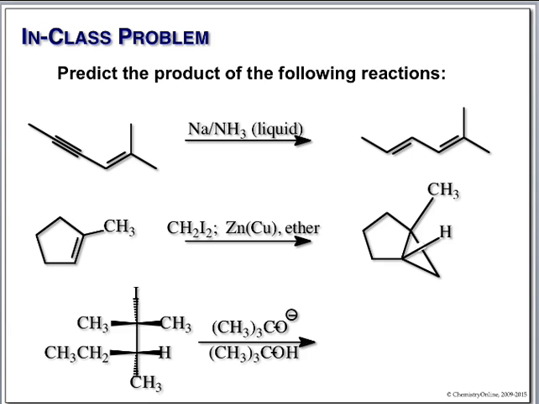All right, in order to do this, we're going to have to take this sort of Fischer projection and convert it into something we can work with. Our leaving group and the hydrogen here must be rotated so they're on opposite faces, and coplanar.